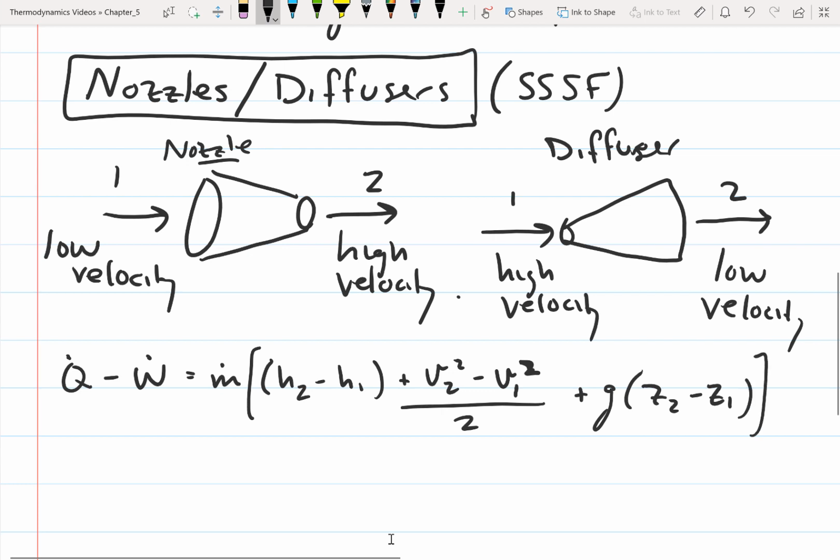First of all, these are passive devices, so that means that the work is normally 0. I'm going to specify that because these are passive devices, there's no work input or output.